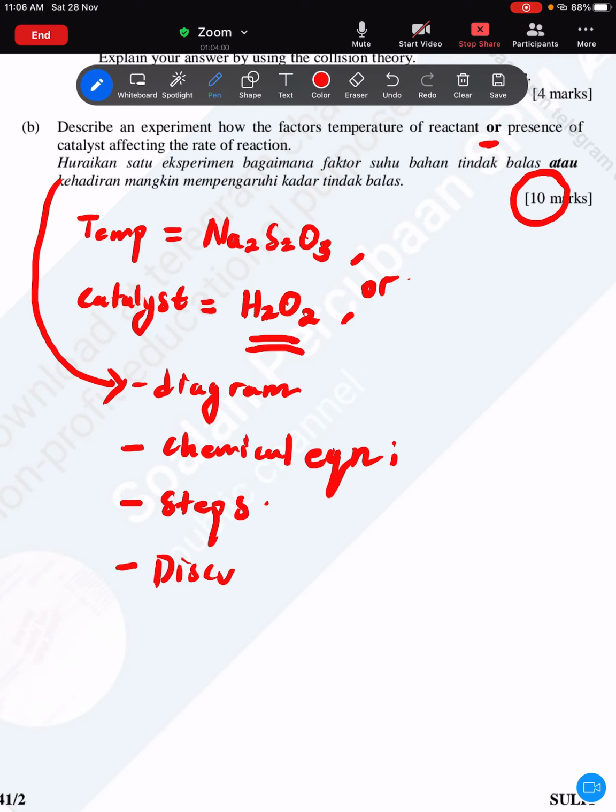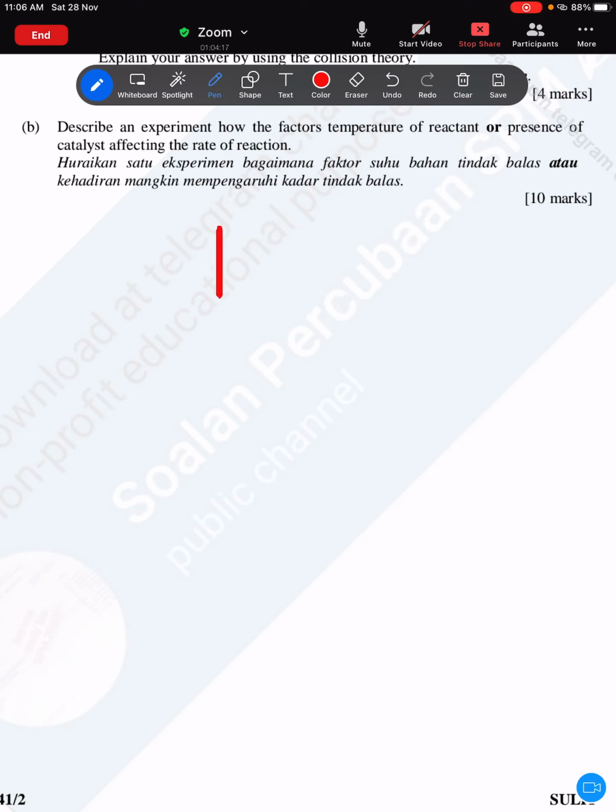Okay. So let's say I'm going to choose the temperature. I love the temperature. So you need to explain. Okay. So saya padam ni sikit. So start with the diagram. You have the flask. Ingat tak eksperimen mana yang kita nak buat? Yang ada kertas tanda X hilang tu.